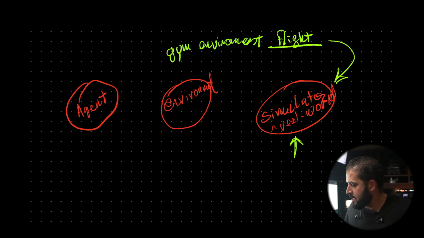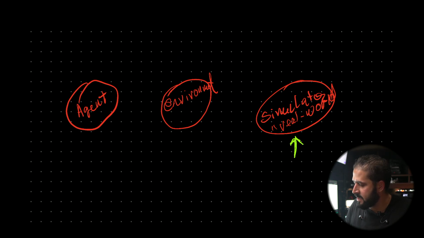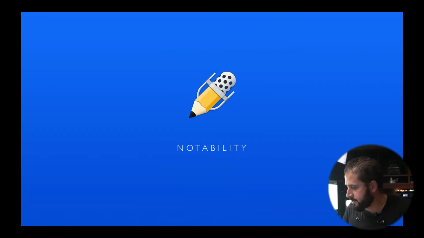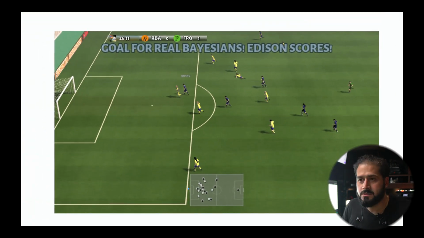In the particular case of the project that we're going to be working on today, you can see in that paper it looks like a video game, right? Who has played soccer video games in the past? That's what it is. This is the backend, what we call the simulator.